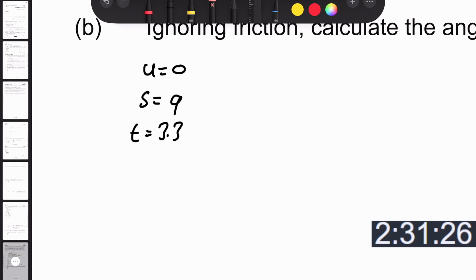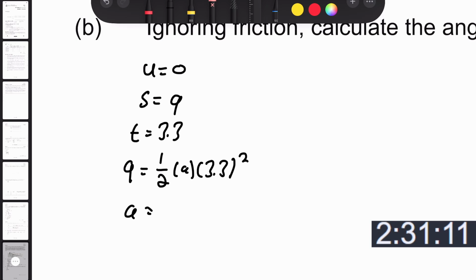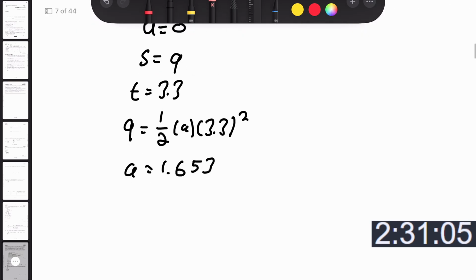So let's put this all together. So 9 is going to be equal to 0 plus half of a times 3.3 squared. So then a is going to be 9 times 2 divided by 3.3 squared. 1.653.